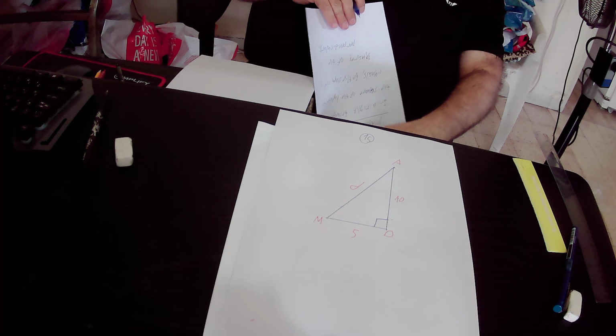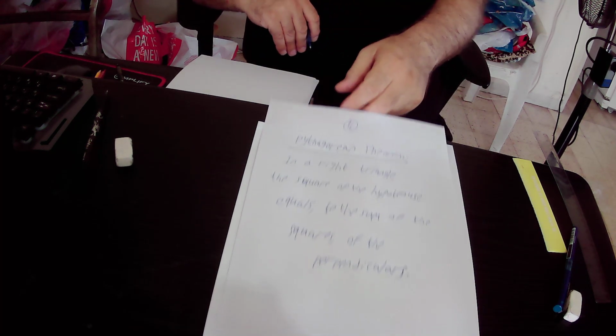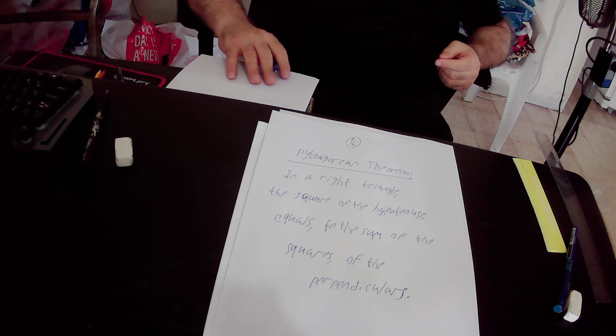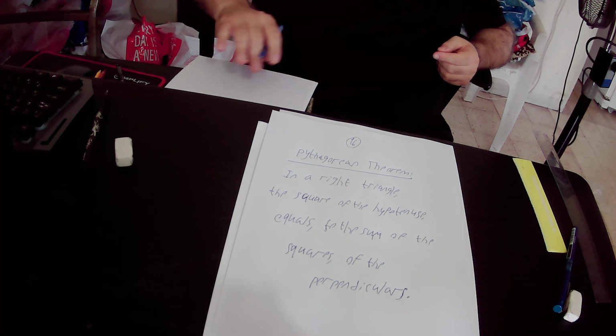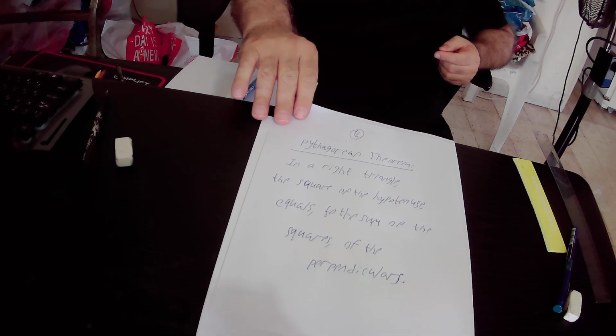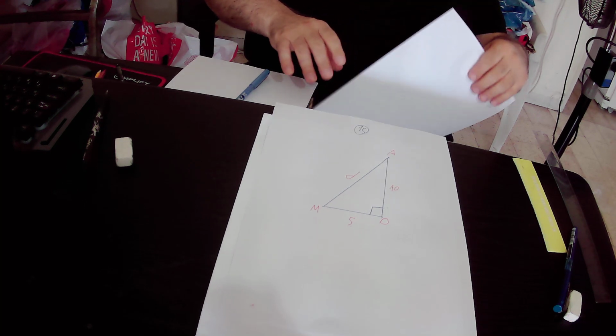So I will read the Pythagorean theorem again. The Pythagorean theorem states that in a right triangle, the square of the hypotenuse equals the sum of the squares of the perpendiculars. We will implement the Pythagorean theorem in our right triangle.